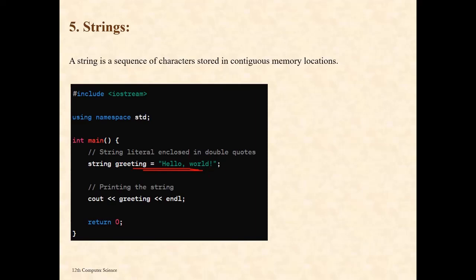This string is stored in this greeting variable. This is a string variable, and now it is displayed on the output screen. So for that we are using cout. Whatever is there in the greeting variable will be displayed by using cout, and return 0 is for the main.